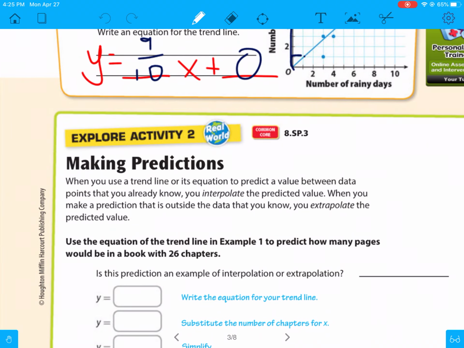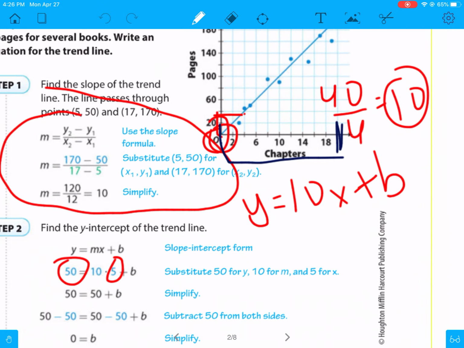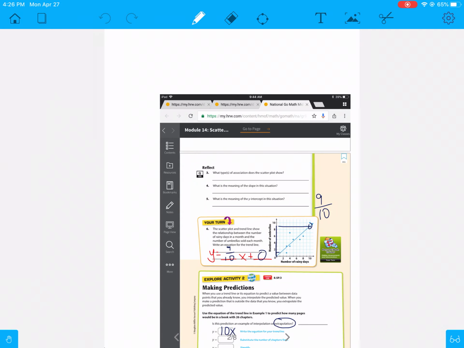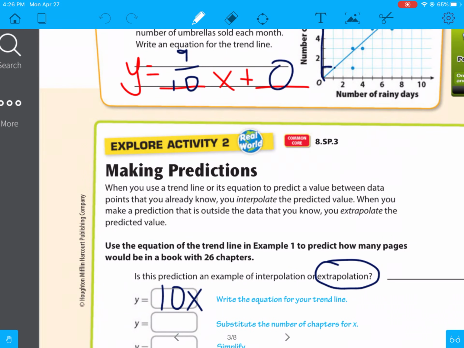So use the equation of the trend line in example 1 to predict how many pages would be in a book with 26 chapters. 26 is outside of that 0 to 20 from example 1, so that would be extrapolation. Now it says write an equation for your trend line. Remember, that was y equals 10x. So now all you have to do is substitute the number of chapters for x.